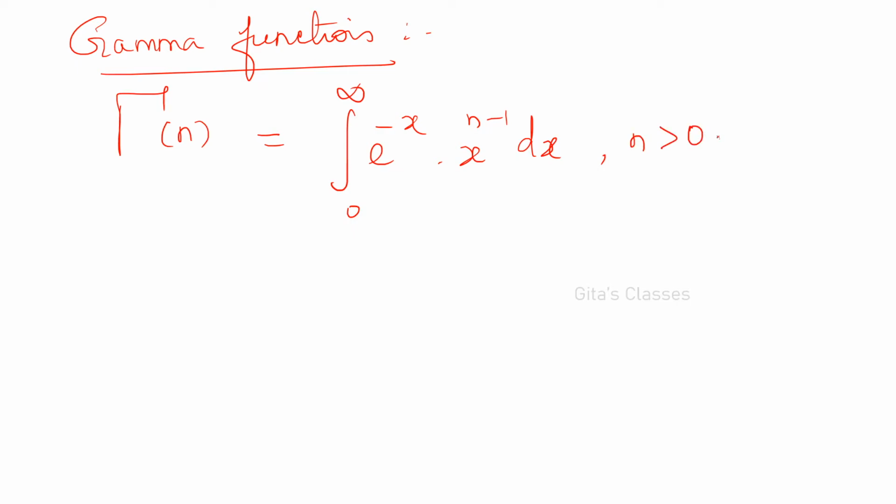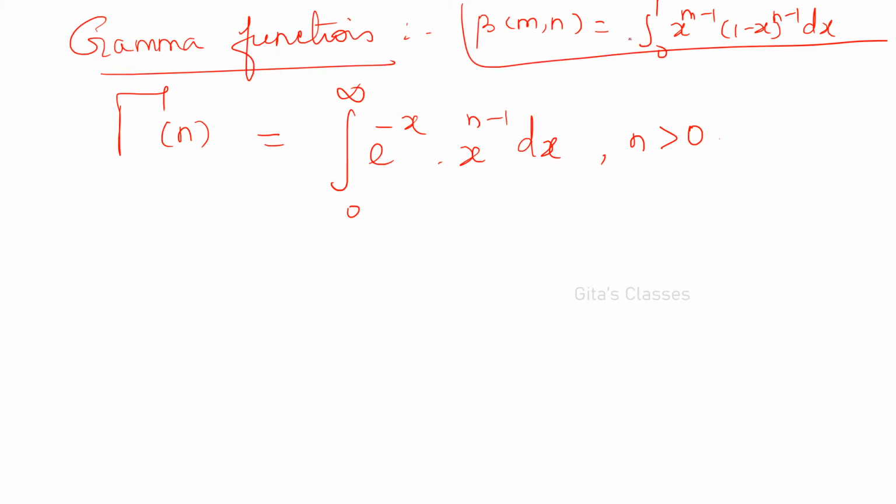Actually the limits also you have to remember for beta of m comma n. I'll write here if you want. Beta of m comma n is equal to the integral from 0 to 1 of x power m minus 1 into 1 minus x the whole power n minus 1 into dx. This is our beta function, 0 to 1. Here it is the integral from 0 to infinity of e power minus x into x power n minus 1 dx, where n is greater than 0.